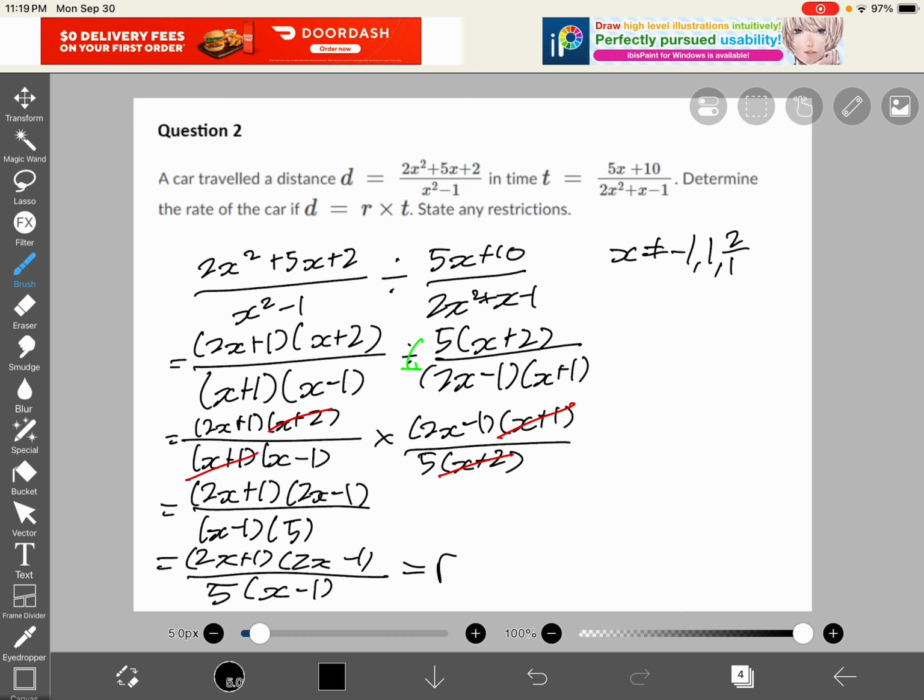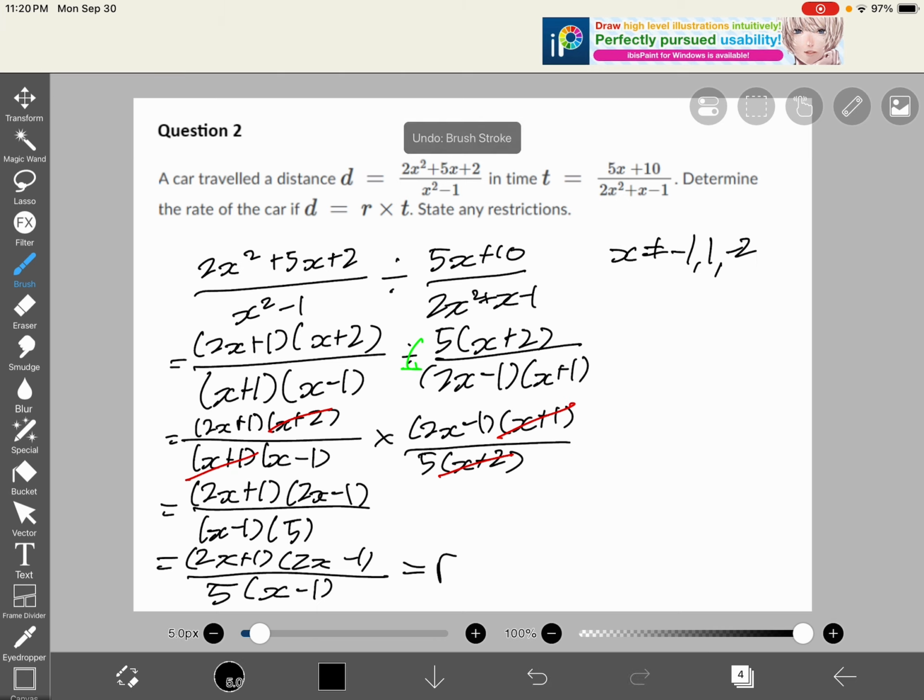Wait. Yeah, 2 over 1. Yeah, and then, okay, yeah, because x, wait, x plus 2, no, that's not right. Okay, I'm sorry. Yeah, 5x plus 2, negative 2. Okay, that's right.